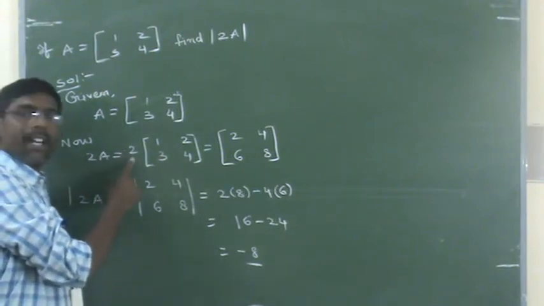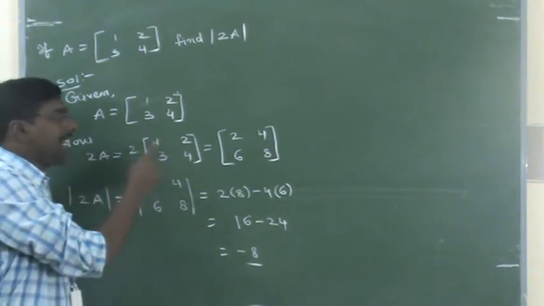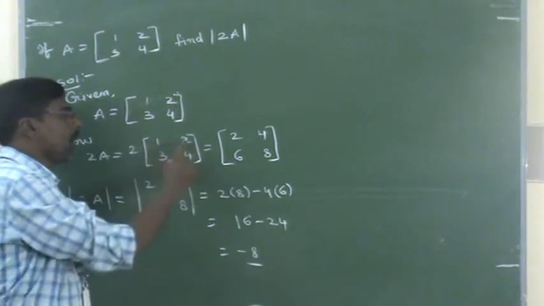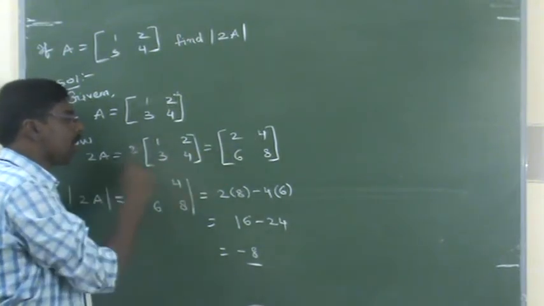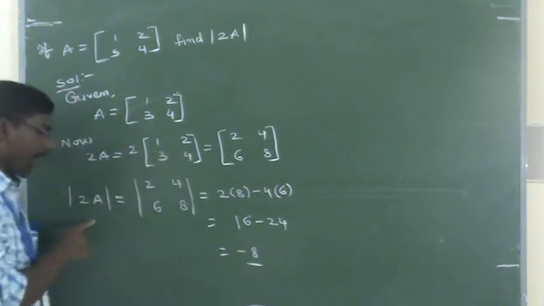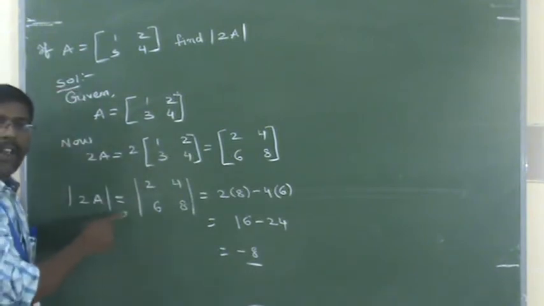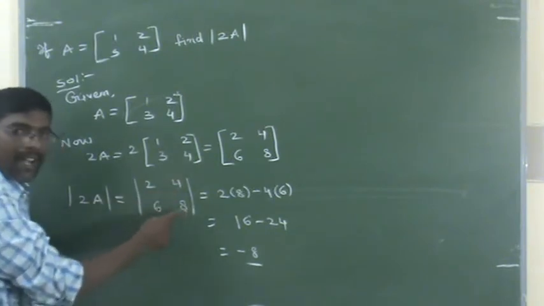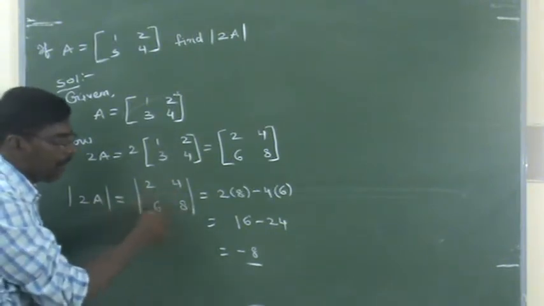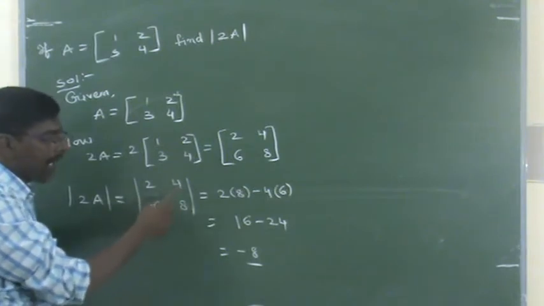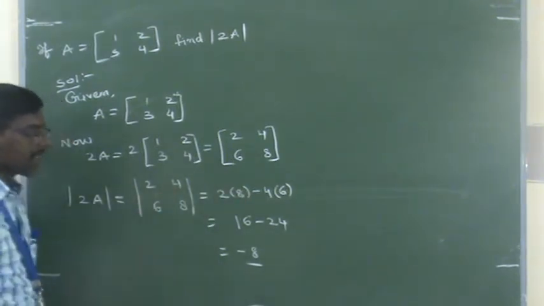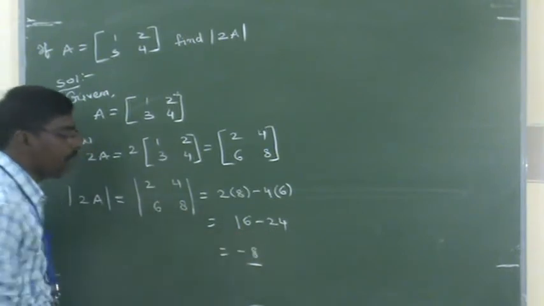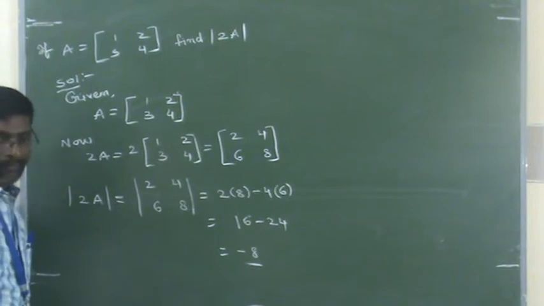The scalar is multiplied with each element: 2 into 1, 2; 2 into 2, 4; 2 into 3, 6; 2 into 4, 8. Now the determinant of 2A is the determinant of 2, 4, 6, 8. First multiply 2 into 8 minus 4 into 6. So 16 minus 24, the answer is minus 8.